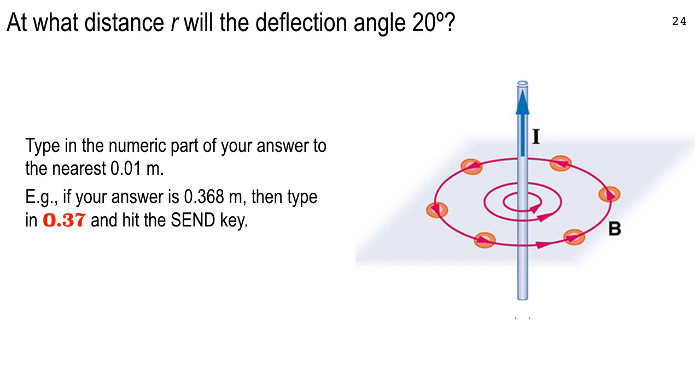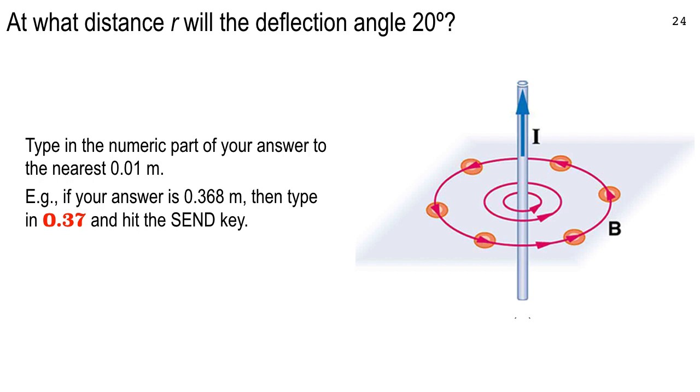Now here's where you go. This constant is 4 pi times 10 to the minus 7 Tesla meters per ampere. And so this per ampere cancels out the amps here.